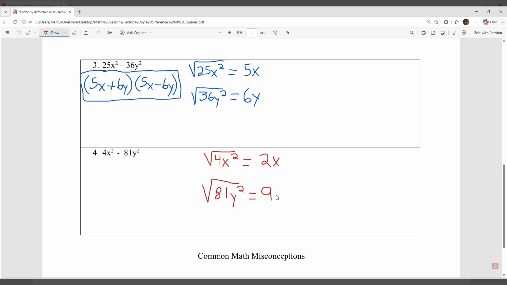The square root of y squared is y. So you write both of these terms twice, but again, with different signs. So 2x plus 9y and 2x minus 9y. And that's how you factor by using difference of squares.